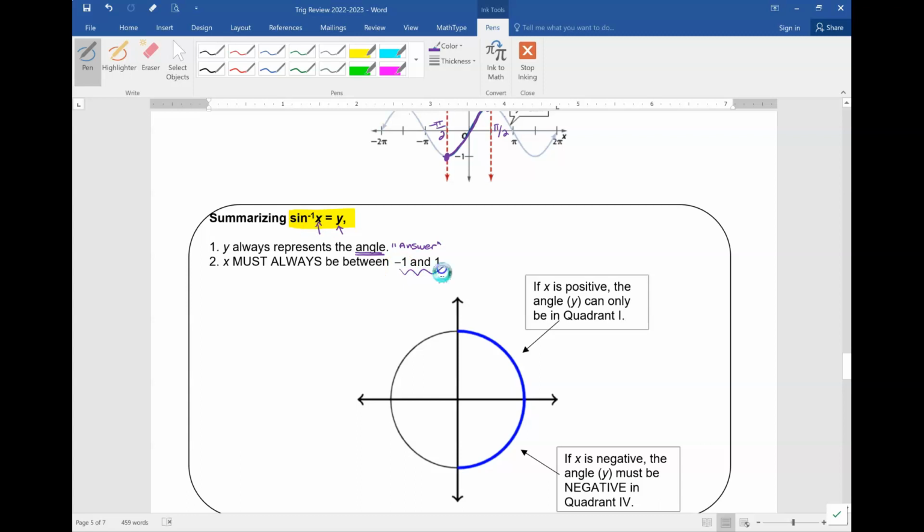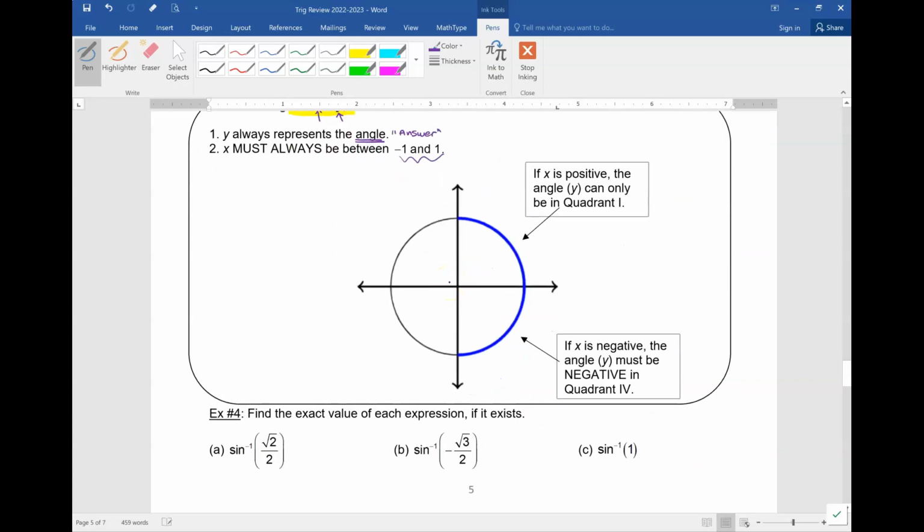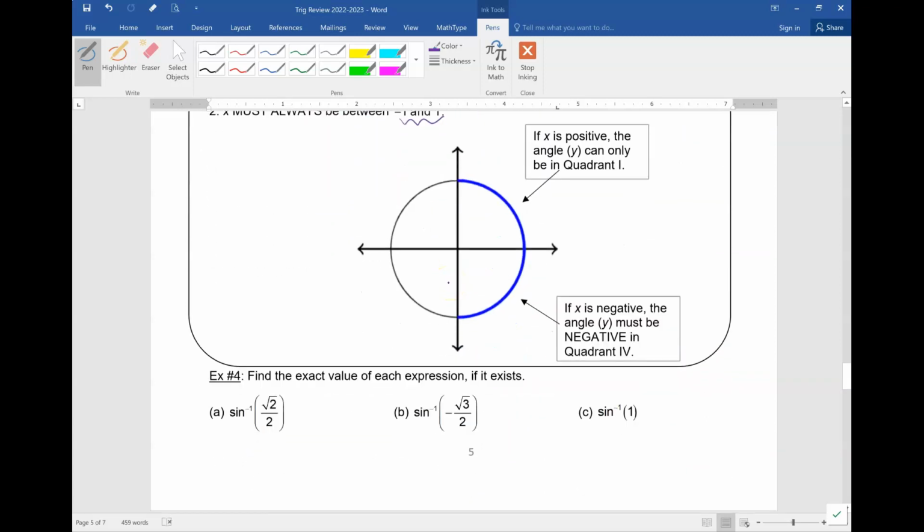It must always be between -1 and 1. So that's extra information, we're not really going to run into that. Okay. So remember how we said we restrict the domain from negative pi over 2 to pi over 2? Take a look at this unit circle. The blue is the only part where our inverse sine exists. So where is negative pi over 2? Down here.